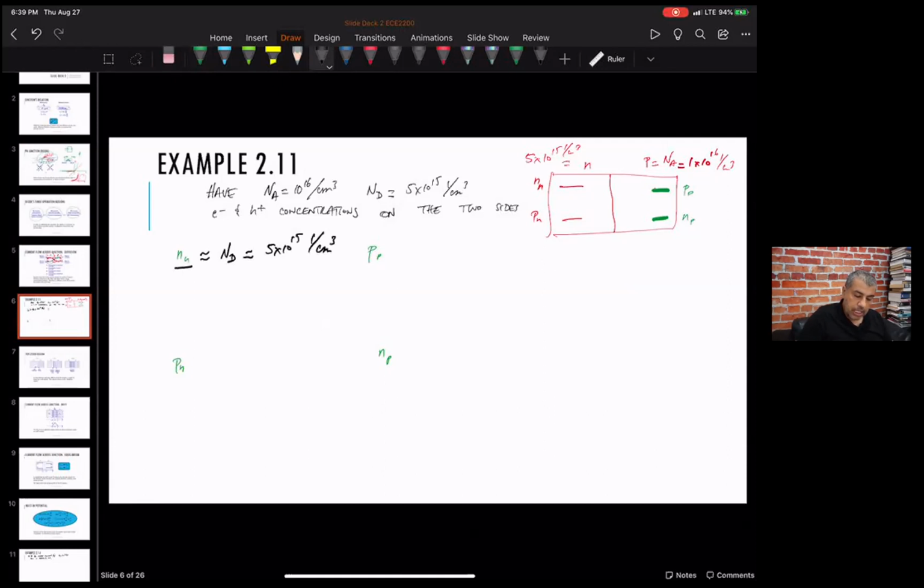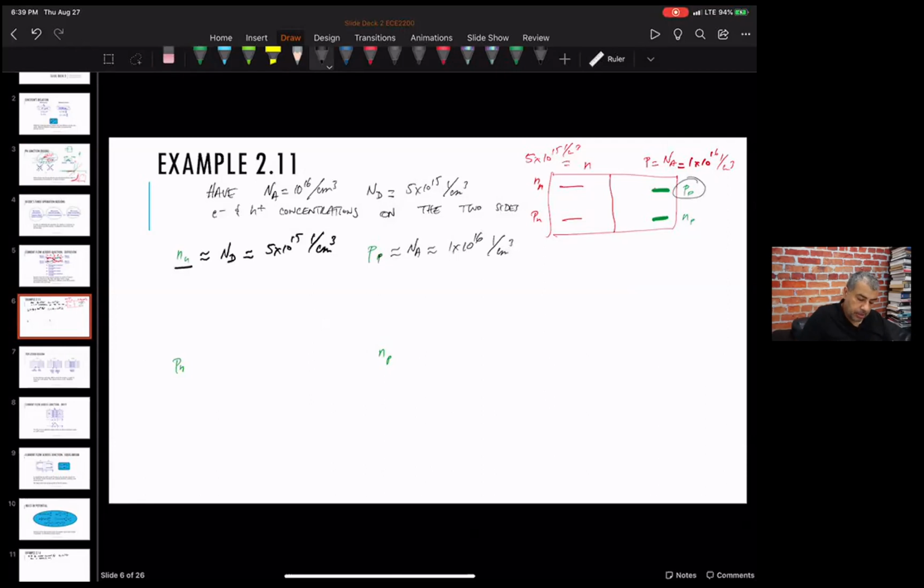And when we look at the hole concentration on the P side, again, holes are the majority carriers, and they are approximately equal to the acceptor concentration, which is 1 times 10 to the 16th per centimeter cubed.